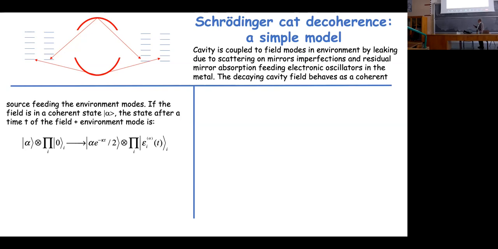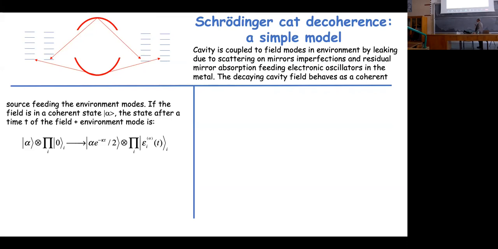We start with a coherent field, alpha, and we start with all the modes in the environment in vacuum. So we have a product, which is unentangled, of alpha and all the modes in vacuum. What we know about the coherent state is that it decays exponentially.